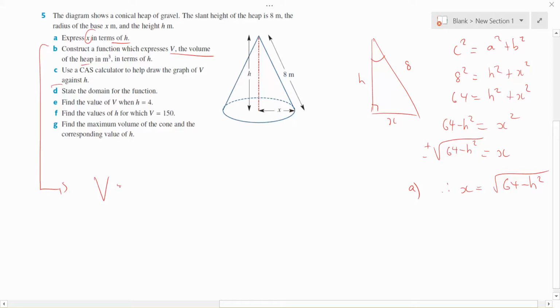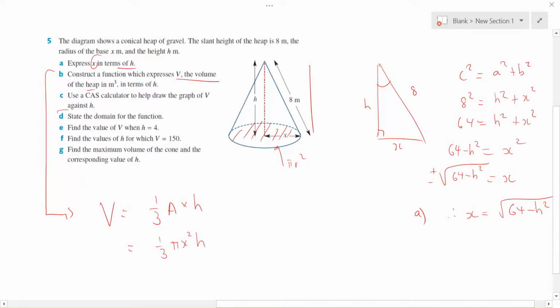It would be V equals a third of the base area, or the cross-sectional area, times the height, which is that. But we do know what the area is. This is a circle. The area of a circle is pi r squared. So what we have is 1/3 times, not pi r, because the radius is x, so it's pi x squared, now times h.